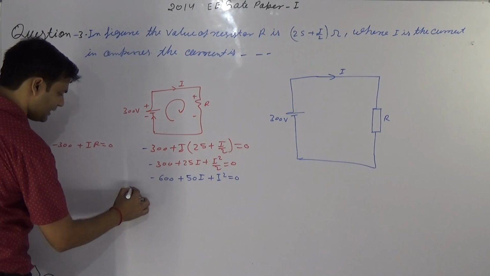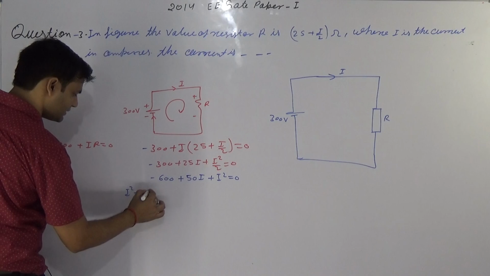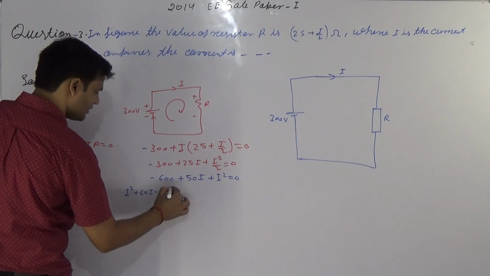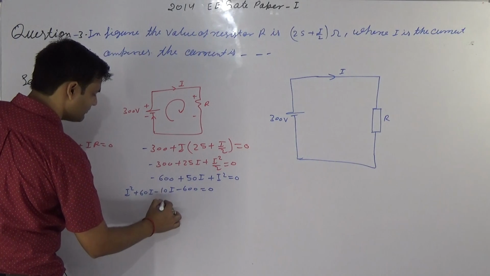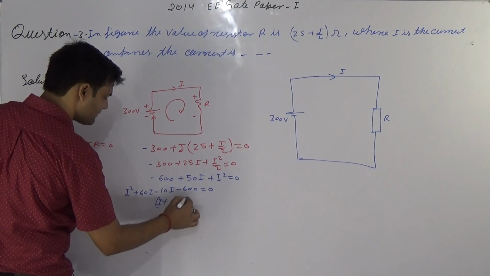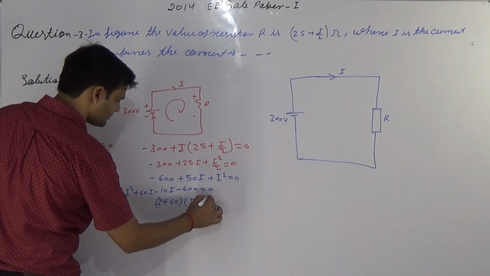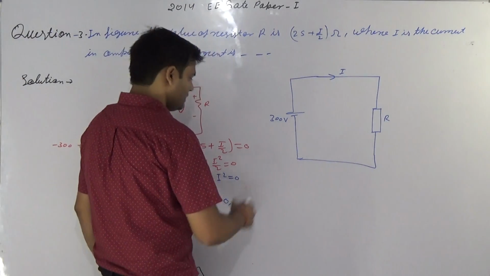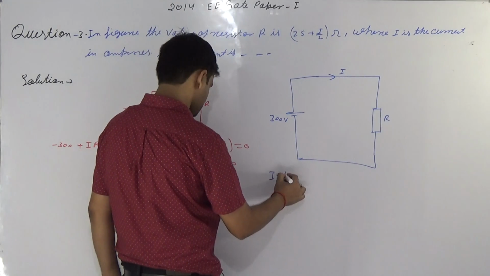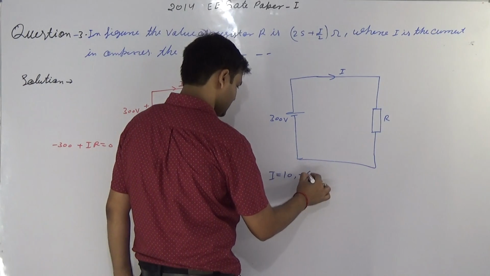It means I square plus 60I minus 10I minus 600 equals 0, so (I plus 60) or (I minus 10) equals 0. Finally we get two values, 10 and minus 60 amperes.